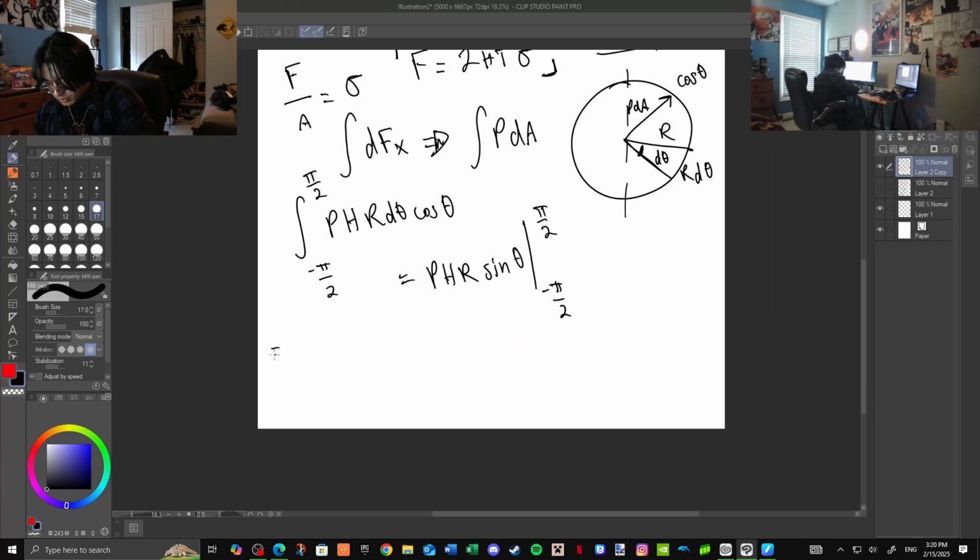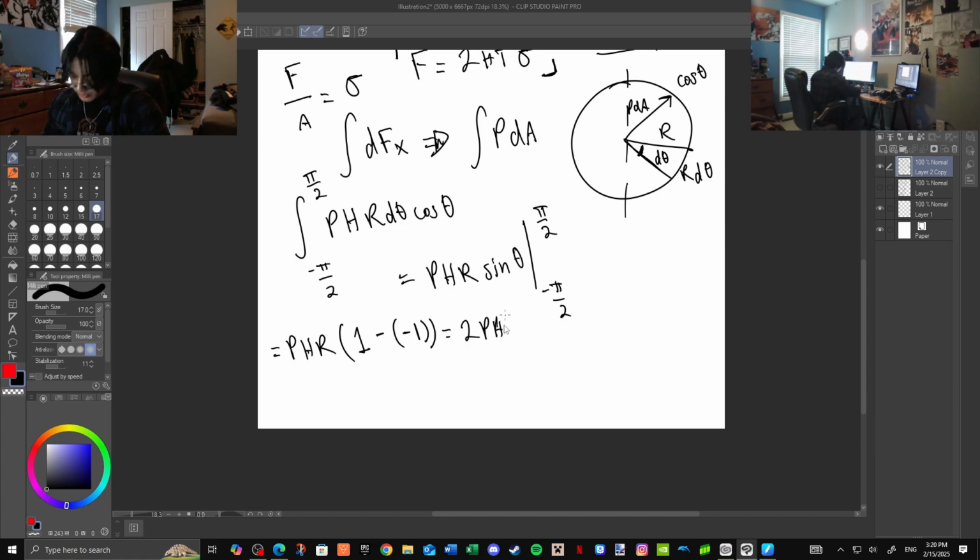Plugging those in, these three variables stay the same. Sine of pi over 2 is just 1, minus sine of negative pi over 2, that's negative 1, and you are left with 2Phr.